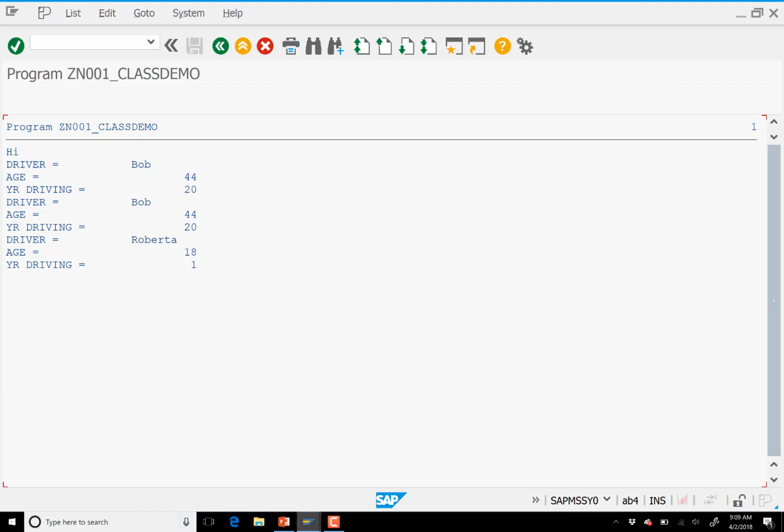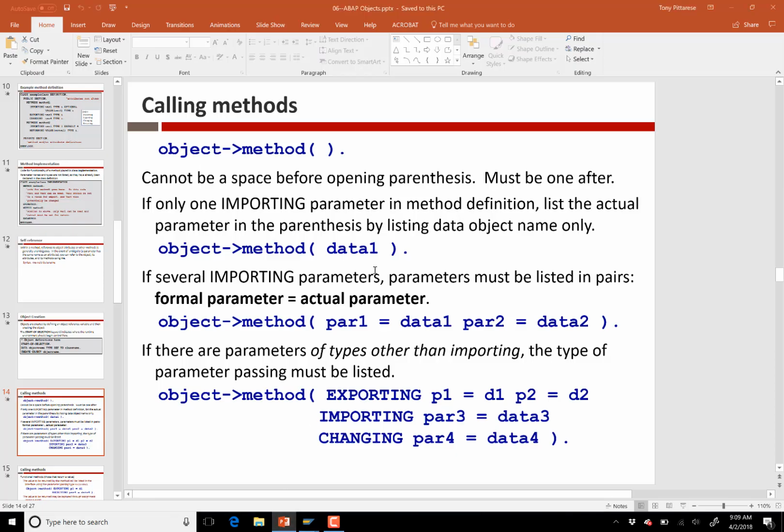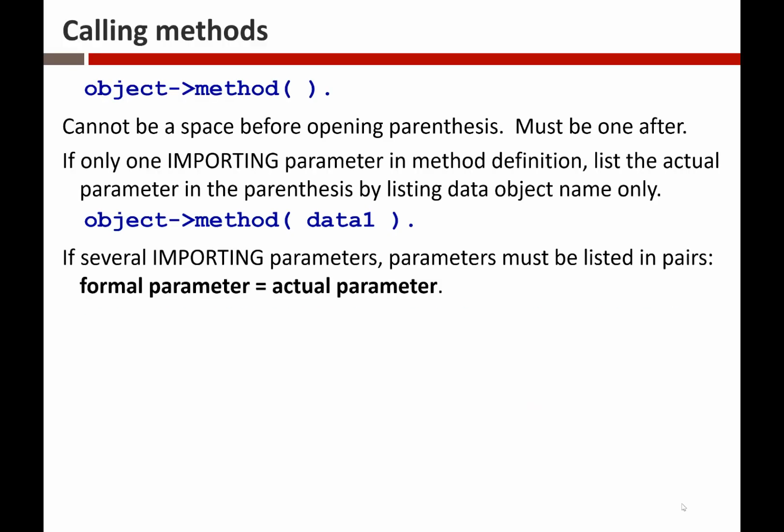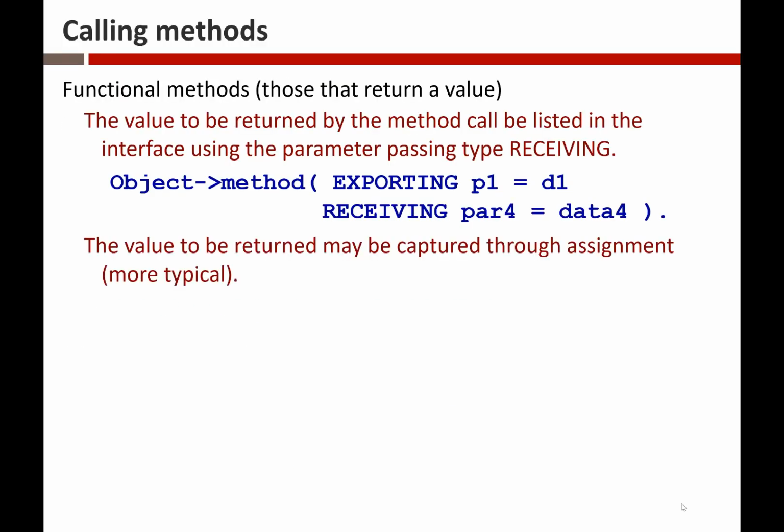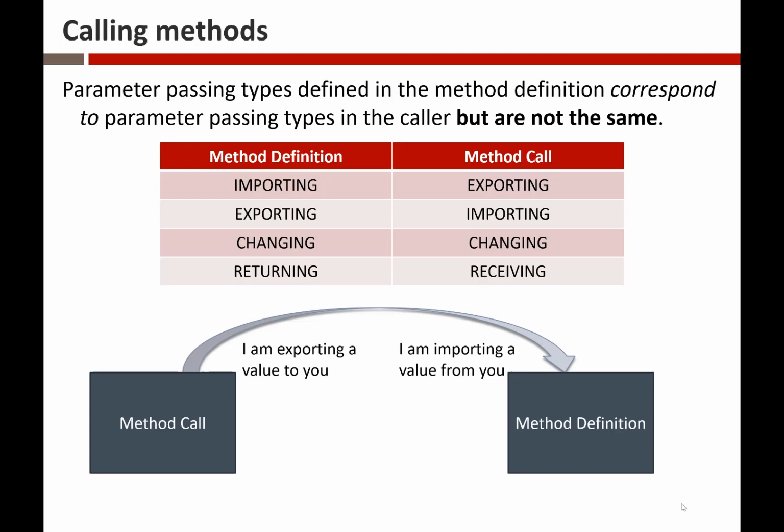So we have now, and this slide, whoops, right here, summarizes the parameter passing. We haven't talked about returning yet. We'll do that. But this is another place where you can shoot yourself in the foot.